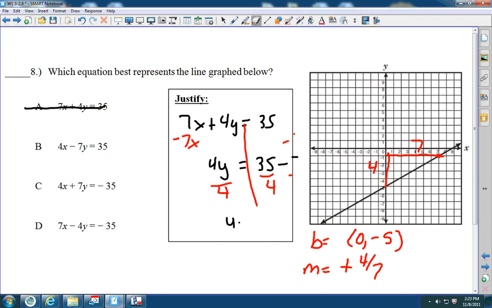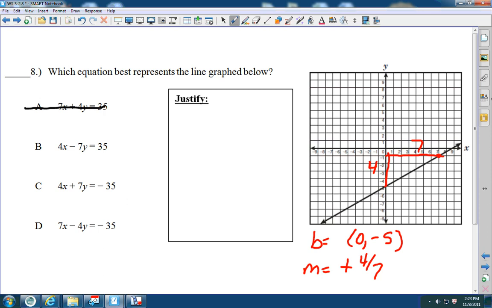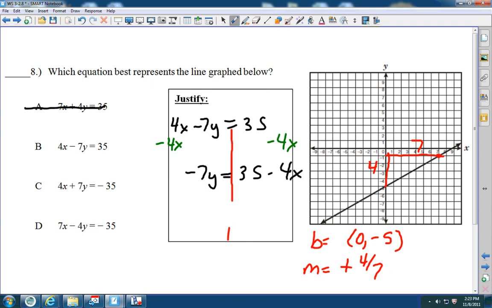Let's try and find the next one. I need to solve for y. I'm going to try 4x minus 7y equals 35. The first thing I'm going to do is subtract 4x from each side, and I get -7y equals 35 minus 4x. Well, let's see, this might be good.